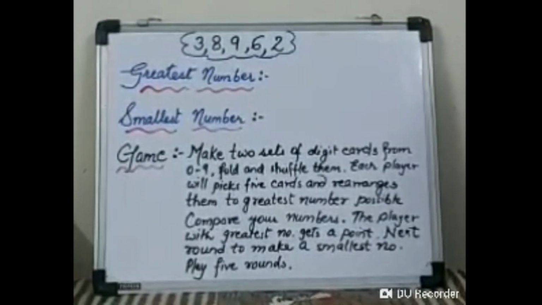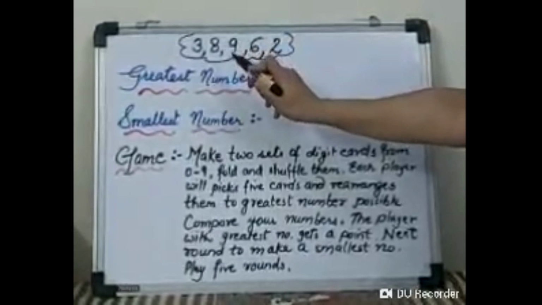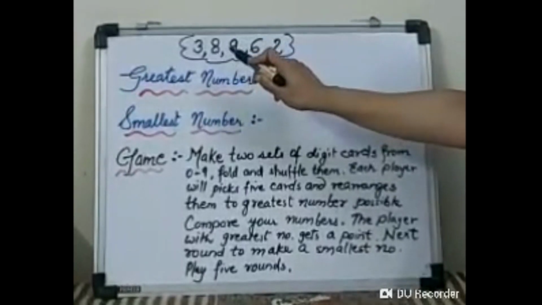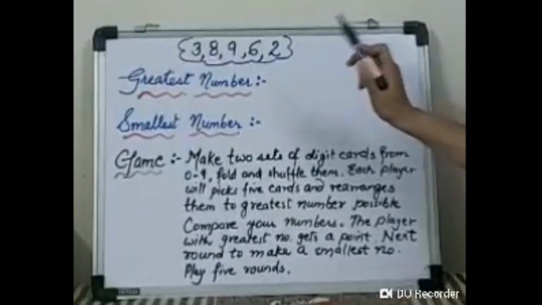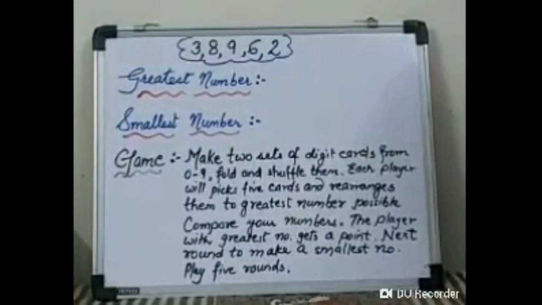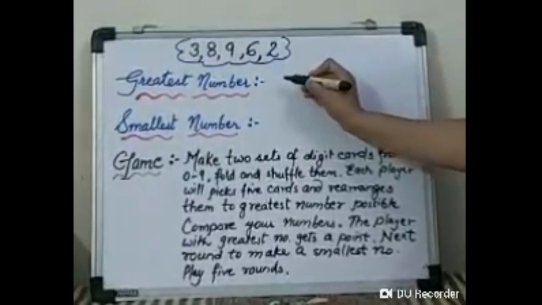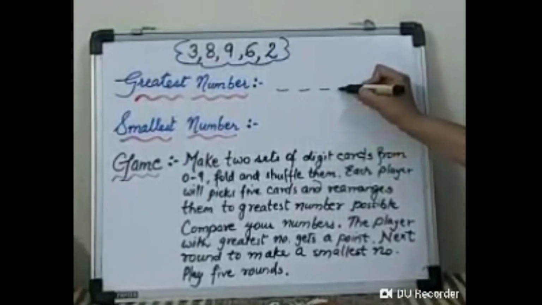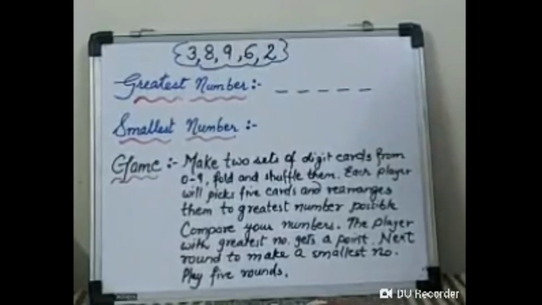Since she has 3, 8, 9, 6, 2, that is 5 digits with her, that means the secret key will be of 5 places. 1, 2, 3, 4, 5.